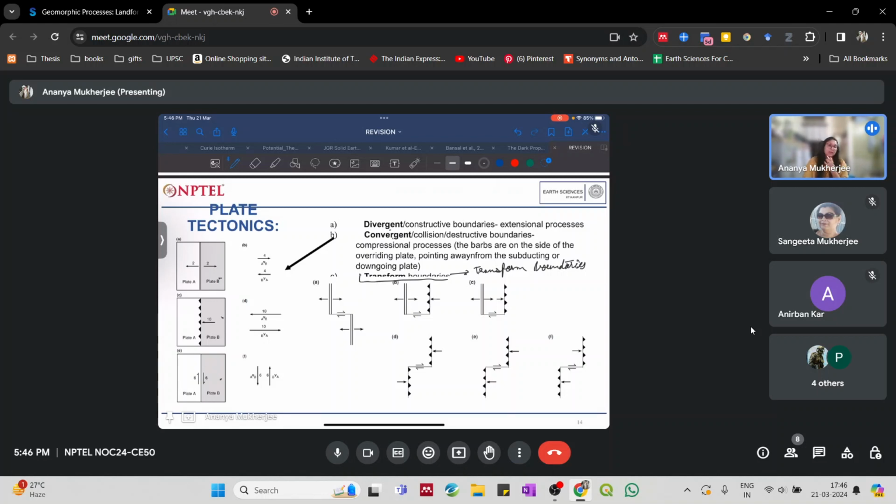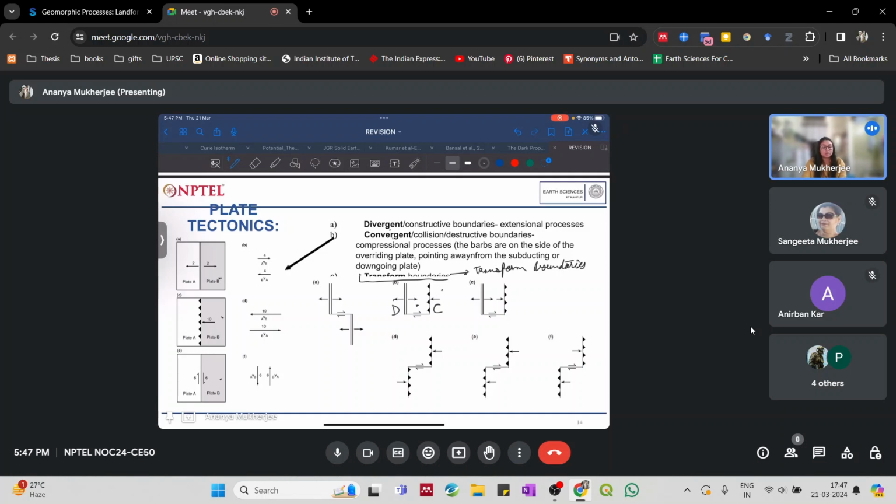Sometimes people try to calculate the rate at which the plates are moving with respect to each other, and this is when this kind of depiction comes into play. This is a divergent plate boundary, and this is a convergent plate boundary. This is one plate, this is one plate, and this is one plate.